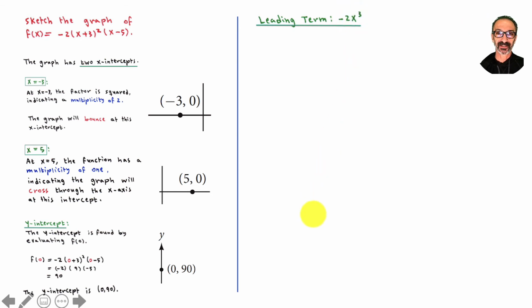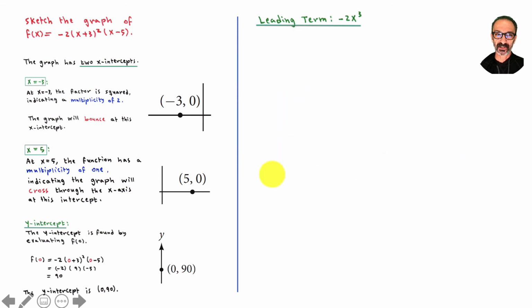Relating the cubic to the pure x cube, it goes up through the origin and goes up this way. So it starts in the third quadrant and keeps increasing, and ends up in the first quadrant all the way up. Because of the negative, it's going to be reflected about the x-axis vertically.